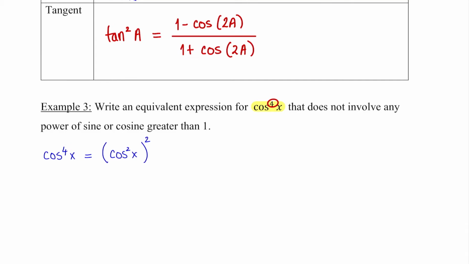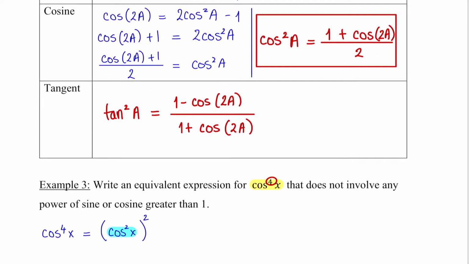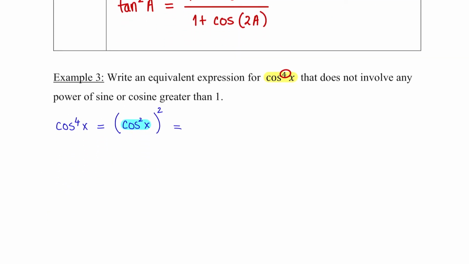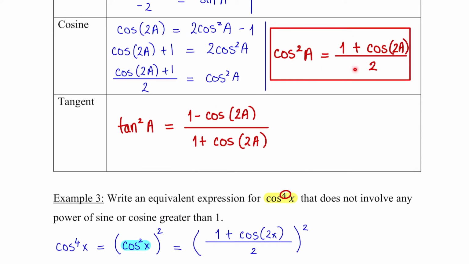And in here, I am replacing cosine square x with 1 plus cosine 2x over 2. So this cosine square x is replaced with 1 plus cosine of 2x over 2 by using the reduction formula of cosine.